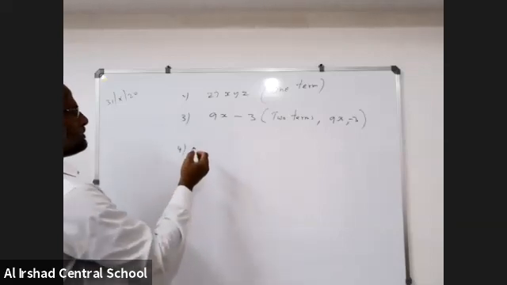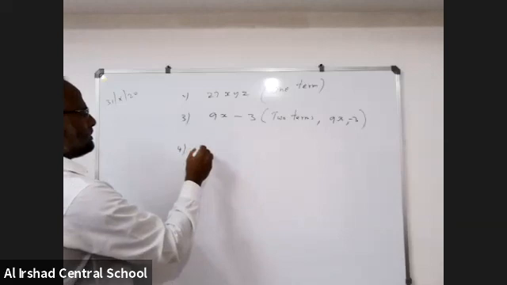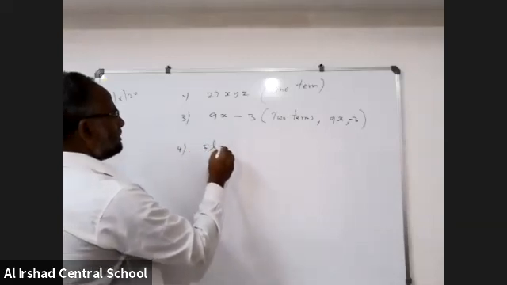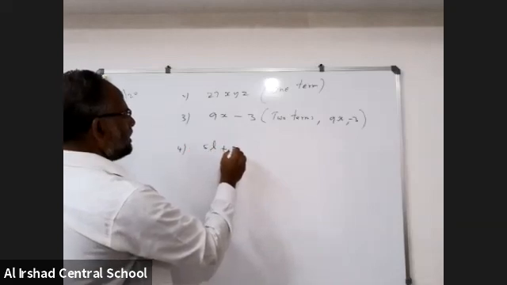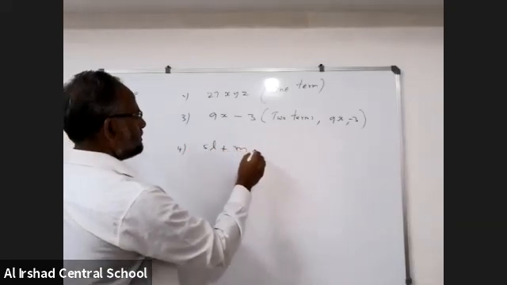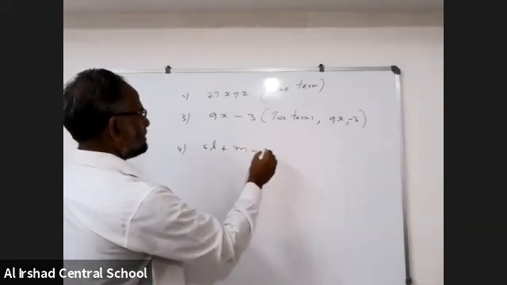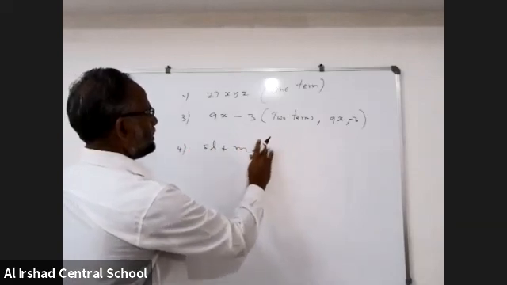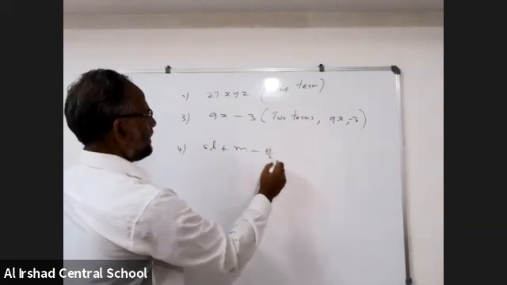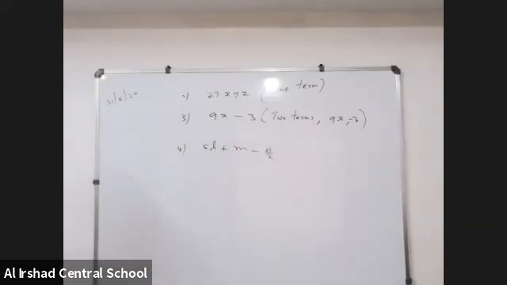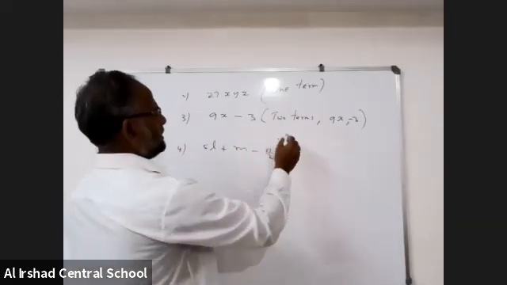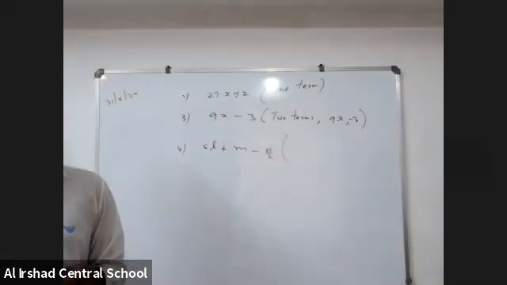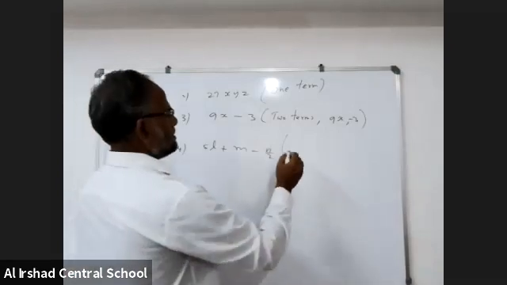Now, 5l plus m minus n by 2, half n. എത്ര ടേം ഉണ്ട്? How many terms? Three terms.